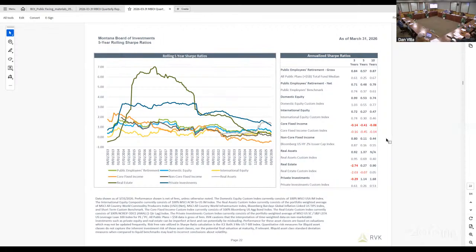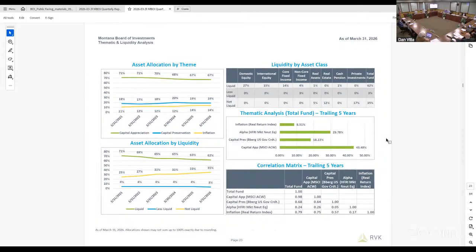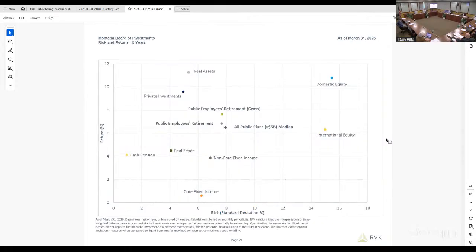Page 24 is looking at risk and return. Again, this is a risk-oriented lens of your report. We look here at the all public funds comparison, which is right above the 8% standard deviation, the dark diamond, PERS, which is up and to the left, meaning that we beat those public plans net of fees, and gross of fees is the green diamond.